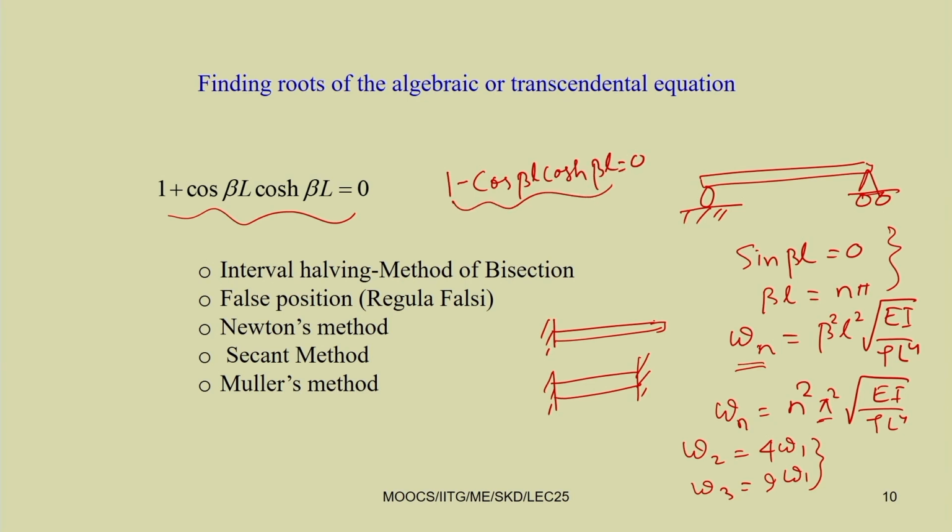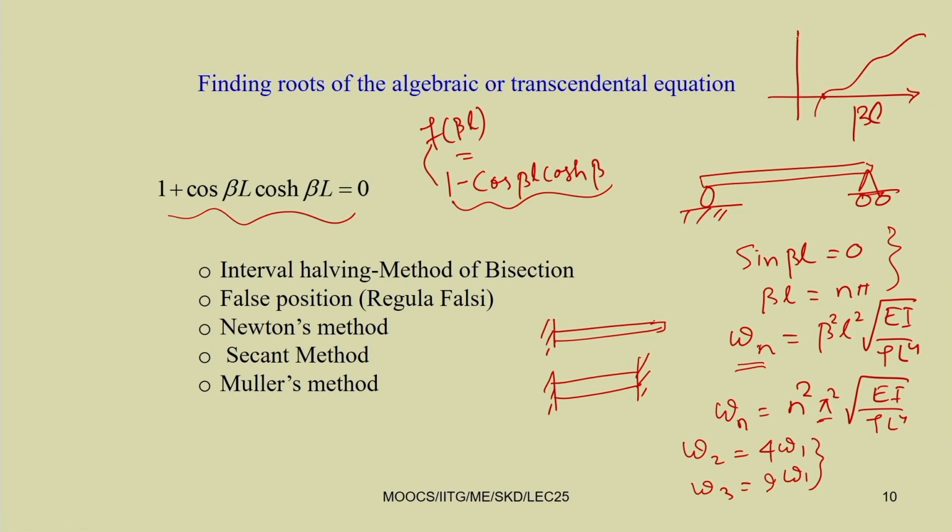We can use the brute force method. That means we can plot this beta L, taking this part equal to f beta L. So, taking f beta L equal to 1 minus cos beta L into cos hyperbolic beta L, we can plot this and find the point where it is crossing the 0 line.